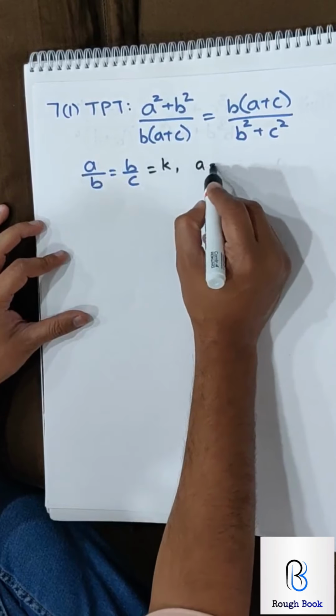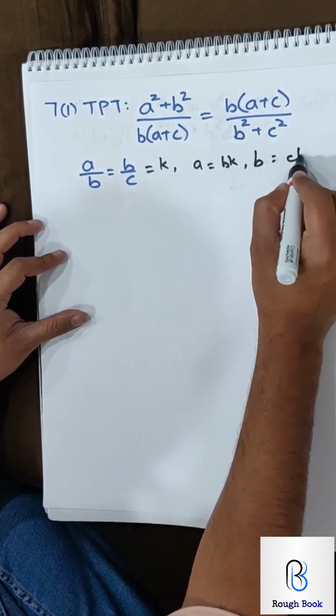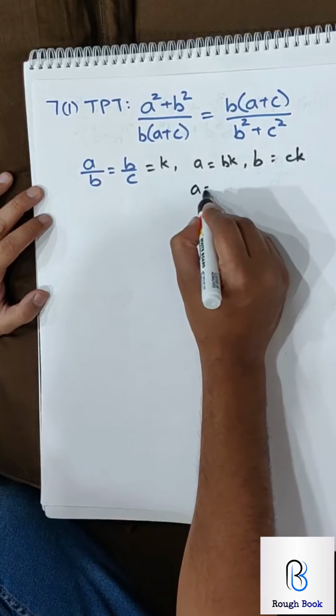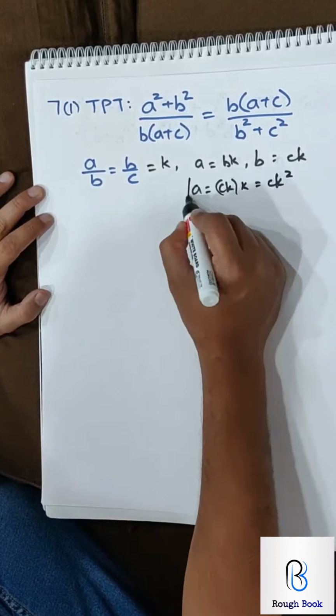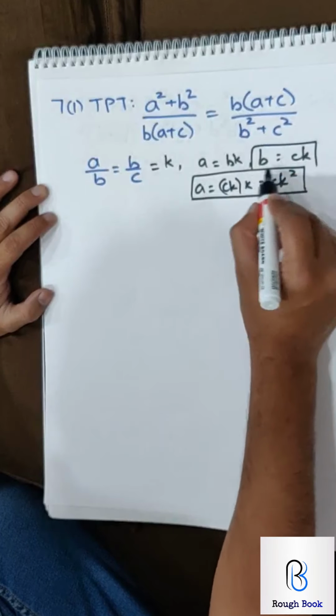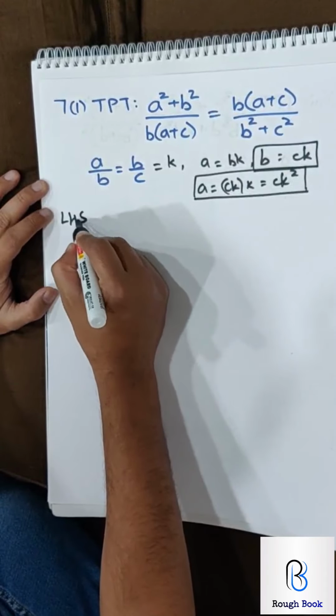So here A becomes BK and B becomes CK. This CK I can substitute for B. So A becomes CK into K, CK square. So for A I will substitute CK square and for B I will substitute CK. So let us pick up the LHS.